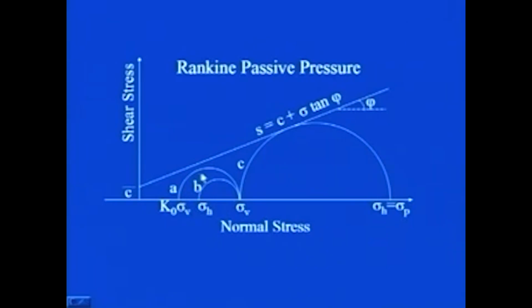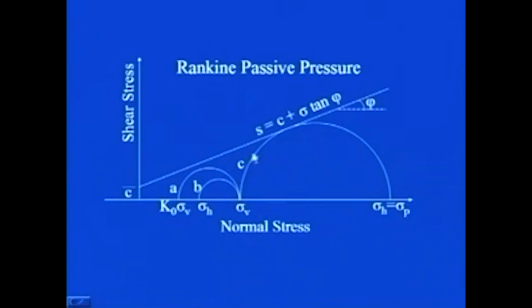Earlier it was this at earth pressure at rest condition, then as the wall starts moving towards the soil, it goes on reducing, and it takes any particular value, that is sigma h. As the wall goes on displacing, the Mohr circle goes on reducing in size and then starts increasing in size on the other side.